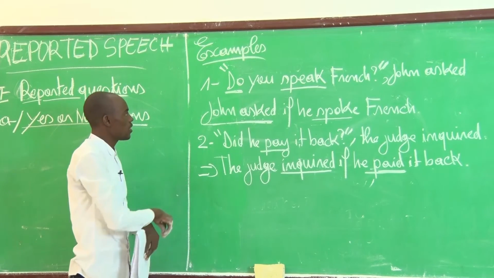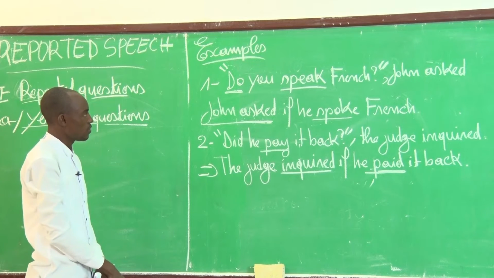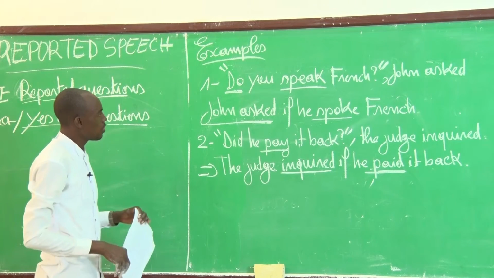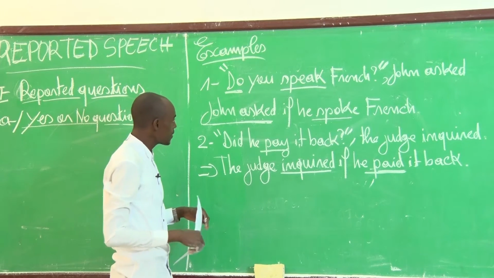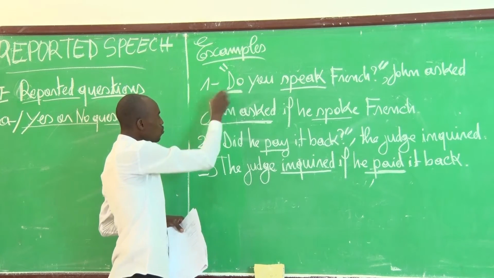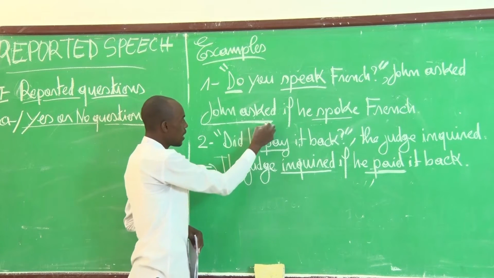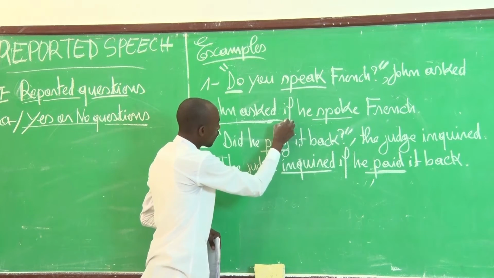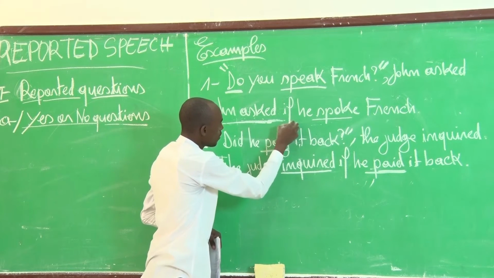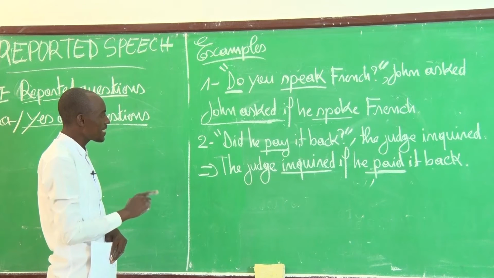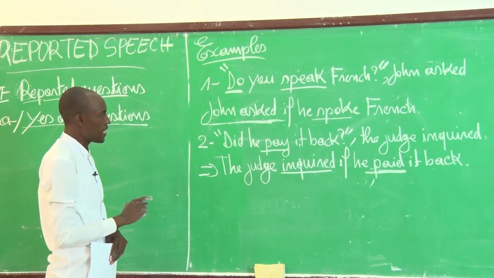Yes, do disappears here. It means that in French, au discours indirect, l'auxiliaire do disparaît. On remplace l'auxiliaire do par la conjonction if. Yes, we say John asked if he spoke French.